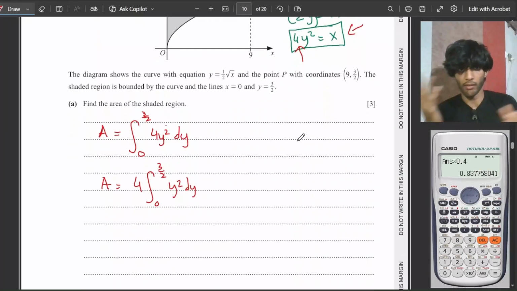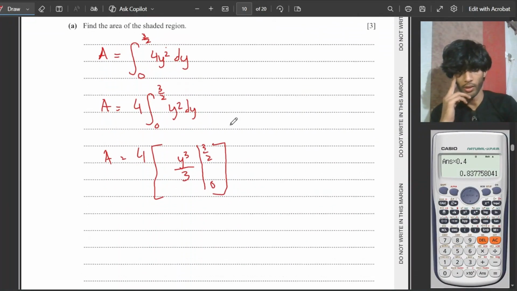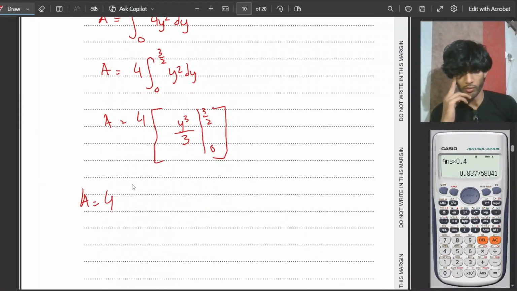Now what I have to do is just integrate it. So what's the integration of y squared? The integration of y squared is just going to be y cubed divided by 3. And then remember, I have the bounds, 3 by 2 and 0, which I have to apply. So I have A is equal to 4 times (3 by 2 cubed over 3 minus 0 raised to the power 3 by 2 divided by 3).